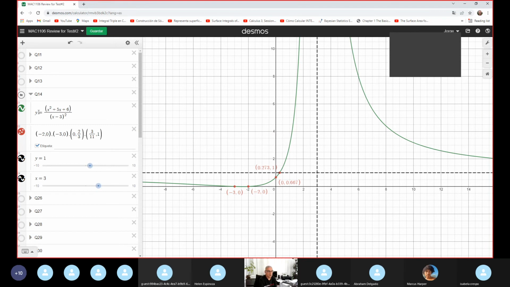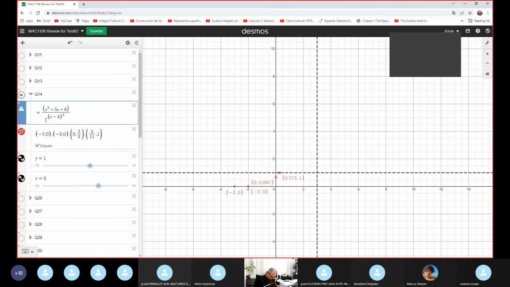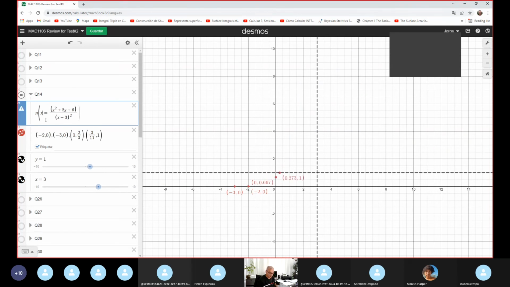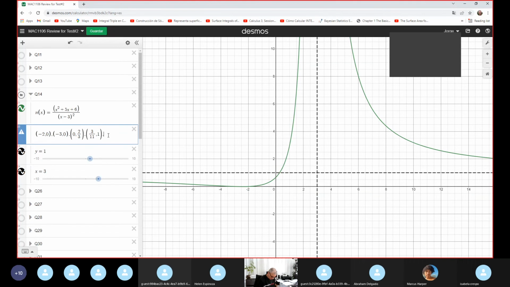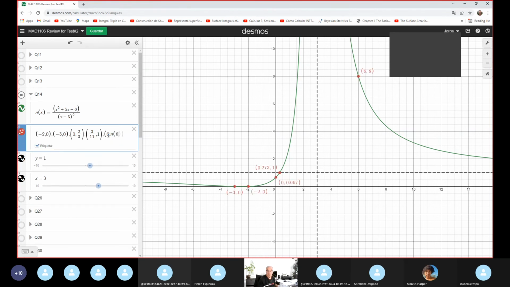So, one more time, I convert to function notation. No y anymore. I call the name of the function, suppose n of x, an arbitrary name. Remember, in algebra, the name of a function has 1 letter, 2 letters, or 3 letters, no more than 3. And you detect here, for example, the point, parenthesis, 6, comma, and evaluating at 6, it's 8.